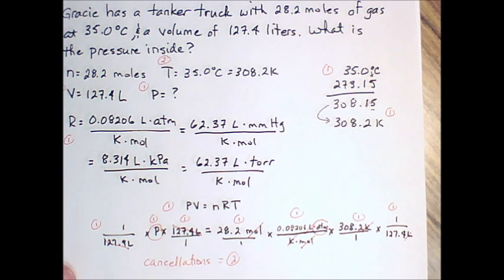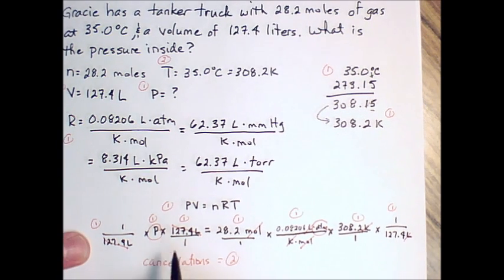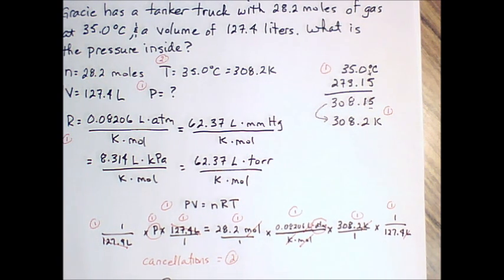Okay. So now we're ready to solve the problem. We have to keep P because we didn't cancel P on this side. P equals, and we do all this multiplication. And let's see, I think I already did the math someplace. Here we go.